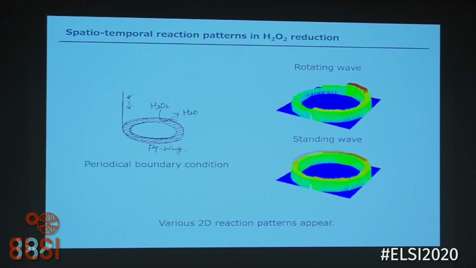This is good for treating these experimental results mathematically because we can provide a periodic boundary condition both in the experiment and in the mathematical equation. And depending on various experimental conditions, for example electrode potential and the geometry of the electrode arrangement, many kinds of two-dimensional waves could be observed like this.